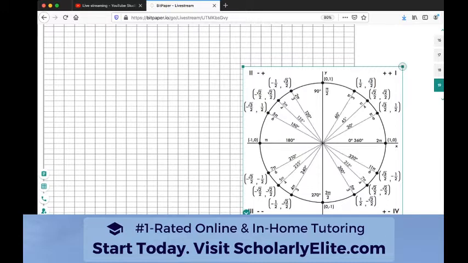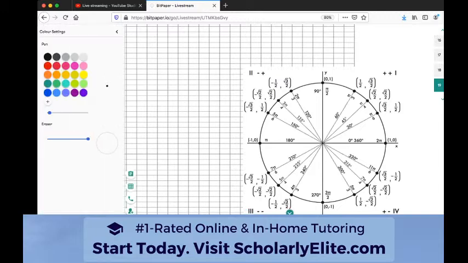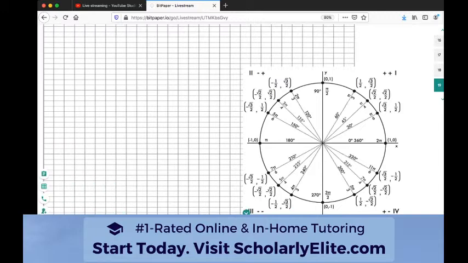So when we talk about cosine, we're only talking about how the value of cosine changes as you go to a different number. So if we look at the unit circle here, and I'm saying, okay, I'm at 30 degrees, cosine is root 3 over 2. At 45 degrees, cosine is root 2 over 2. At 60 degrees, cosine is 1 over 2.